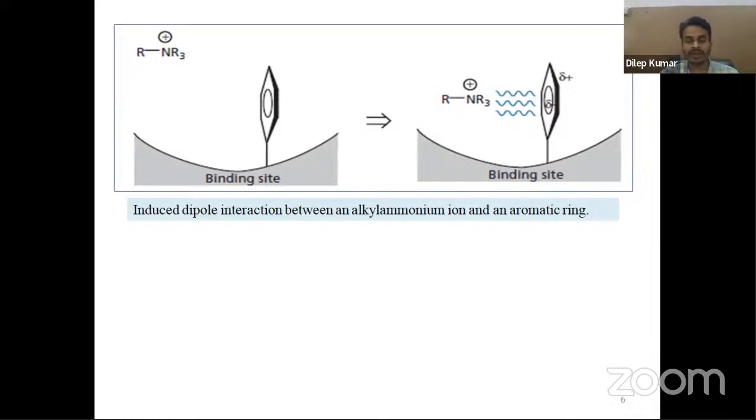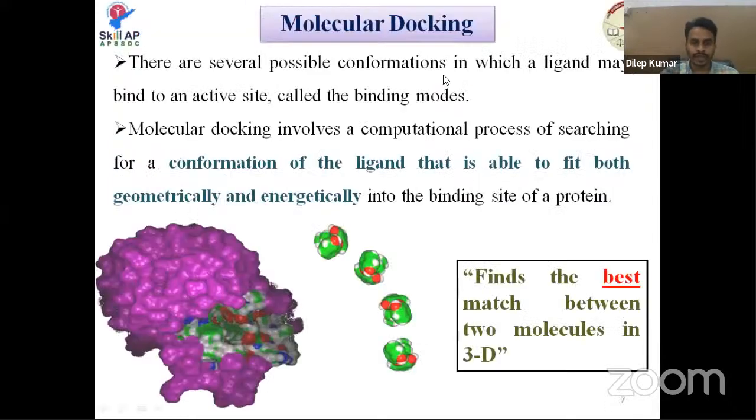And our software tools will help us to understand the different possible interactions that will be shown by a ligand or the drug molecule at the binding site or the binding pocket of the receptor. As I told, there are many types of interactions. Not all drugs will show interactions with all types of intermolecular forces.